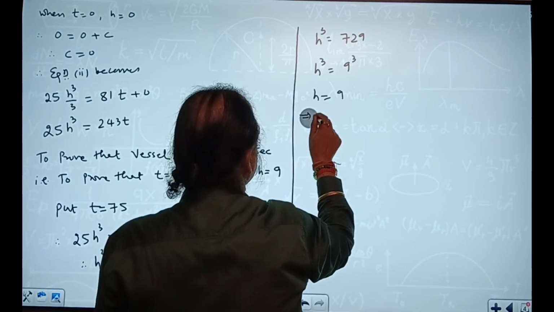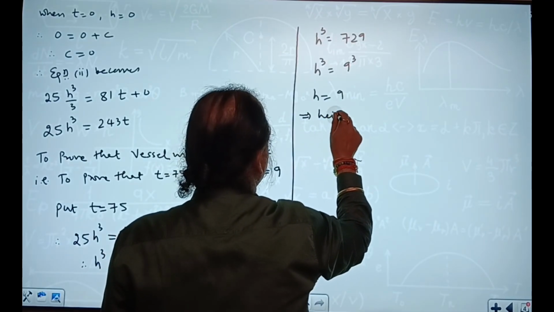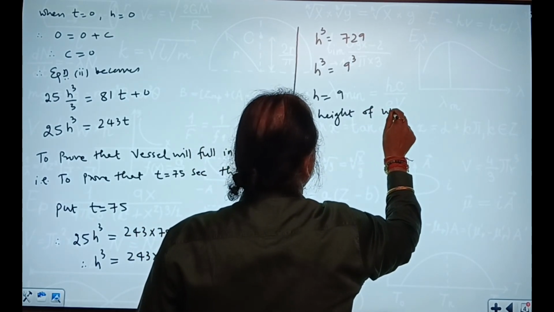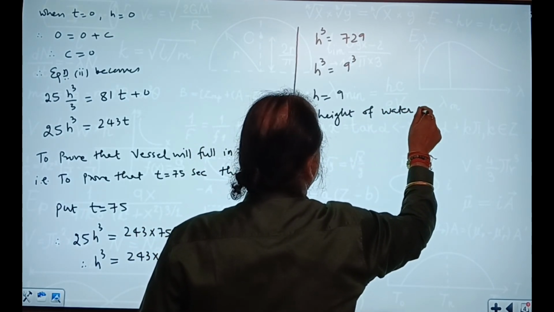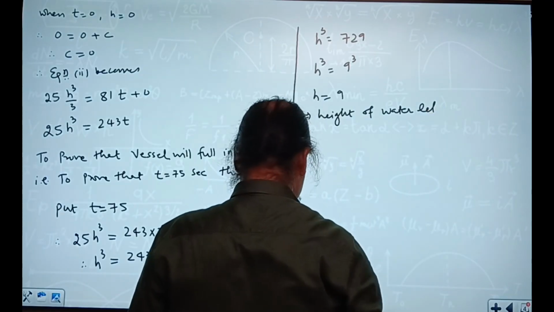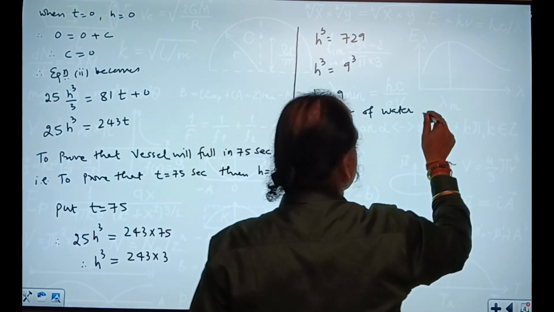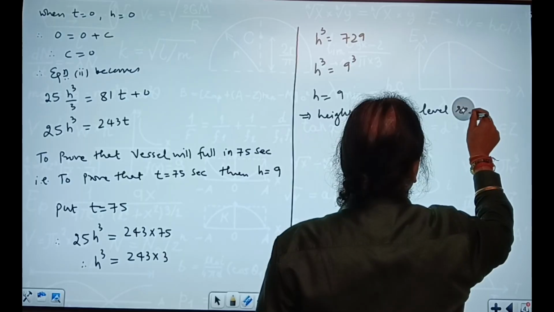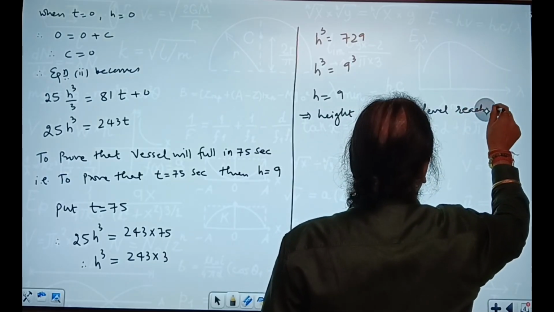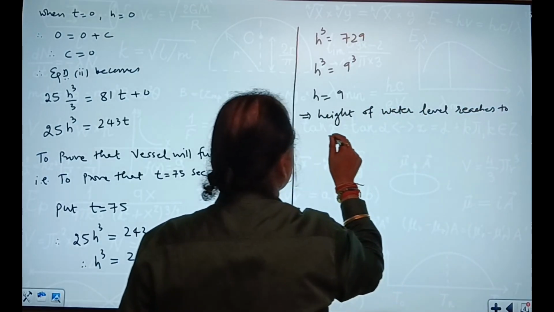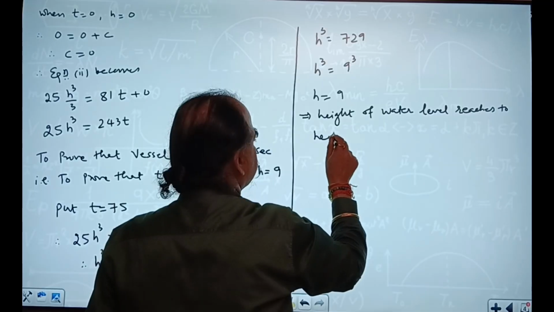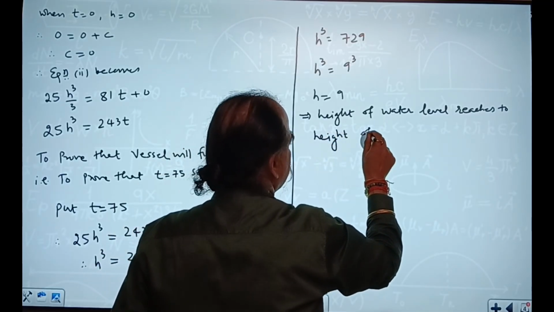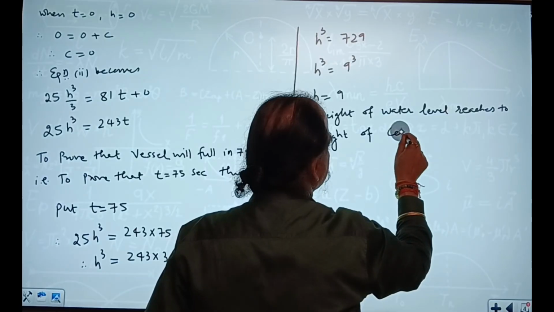This implies the height of the water level reaches the height of the conical vessel.